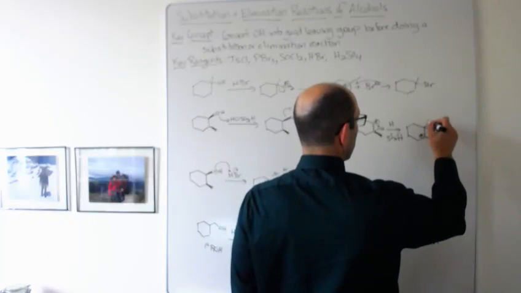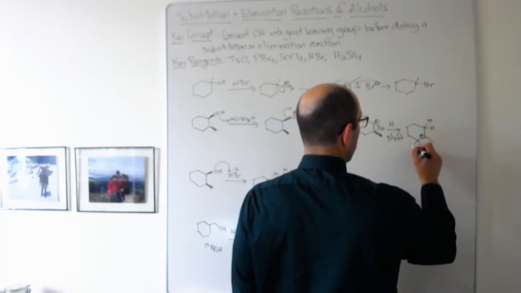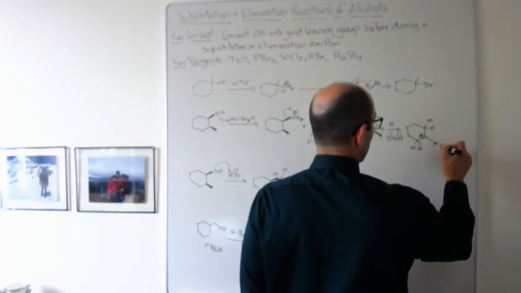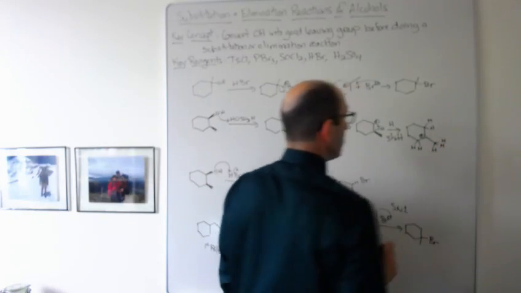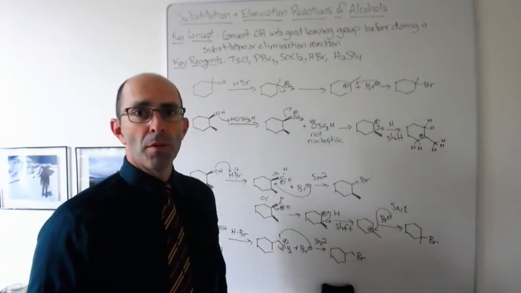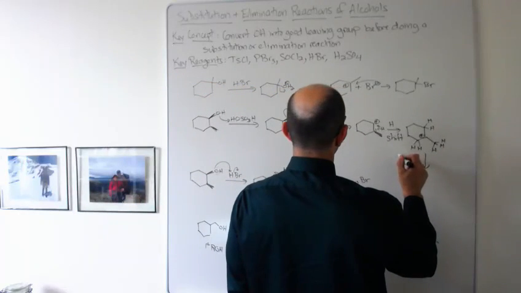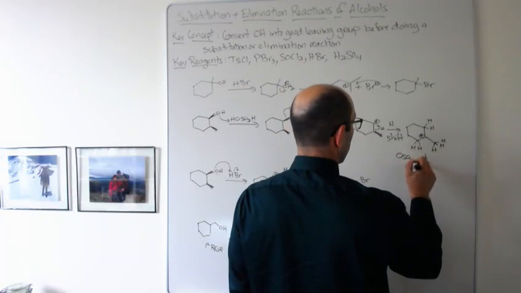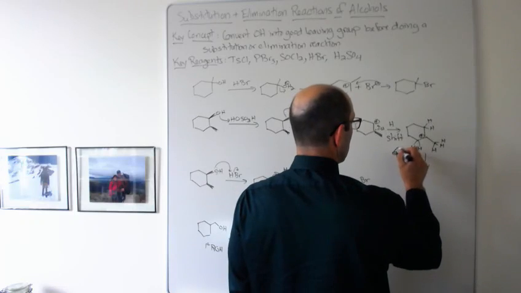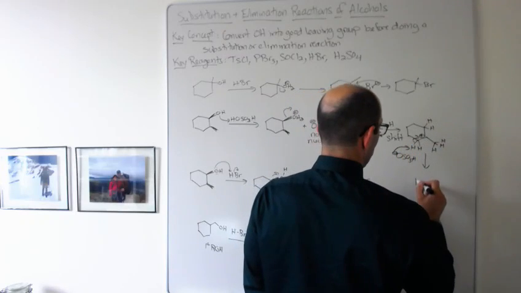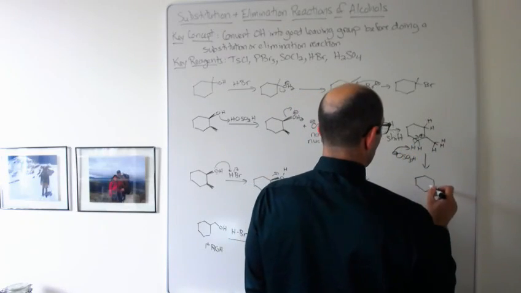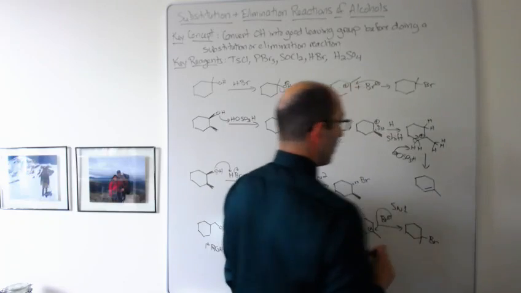We have 3 beta positions. 2 of them are identical to form the most stable tri-substituted alkene, right? And so that's what's going to happen, is that we're going to have an E1 reaction to form a tri-substituted alkene.